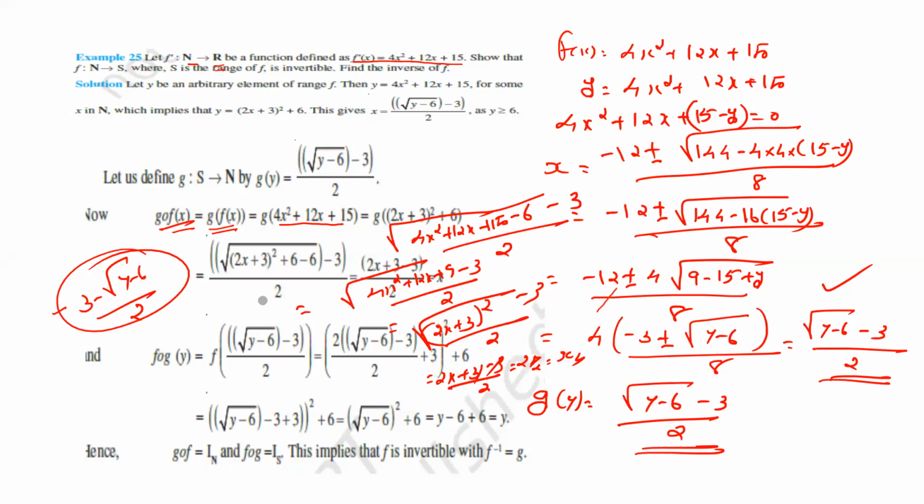Now f composition g of y. What is f composition g of y? f composition g of y is f of g of y. f of root of y minus 6 minus 3 by 2.